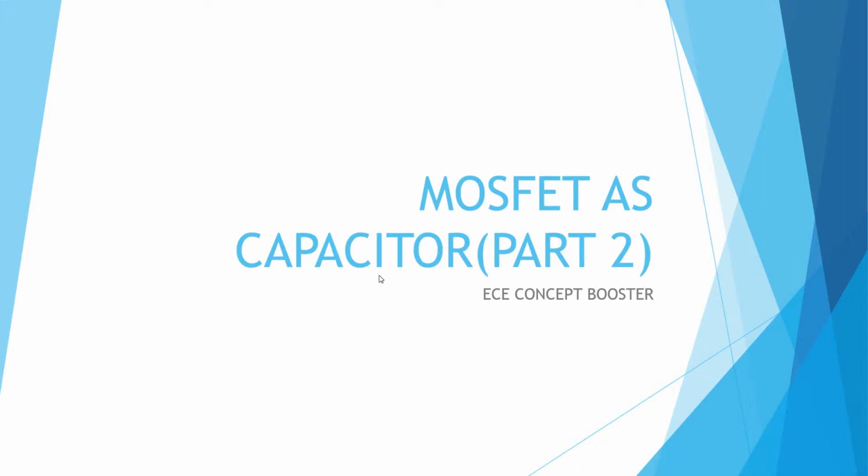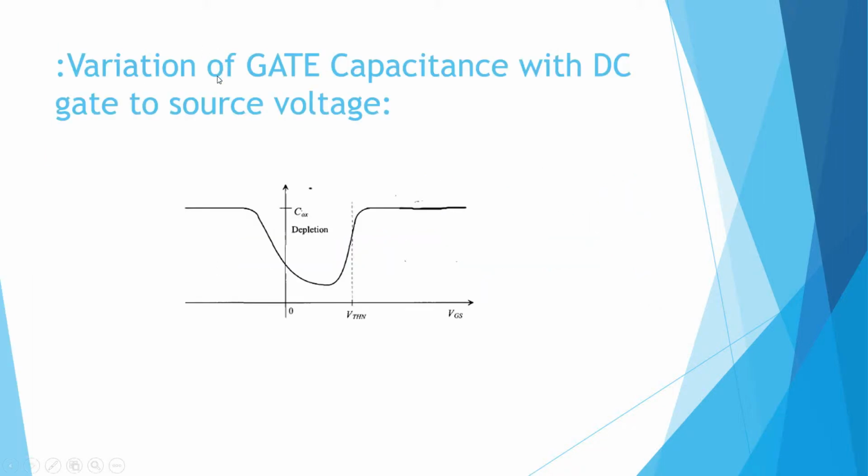Okay, so you know already from my previous video that the variation of gate capacitance with DC gate to source voltage looks like this. Just a quick recap: the source is grounded, so VGS equals VG minus VS, which is equal to VG.